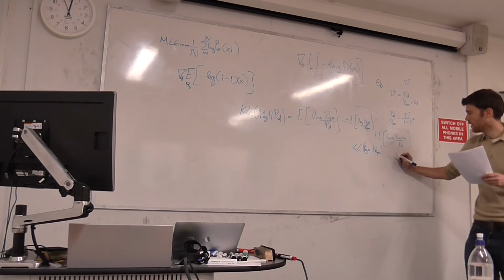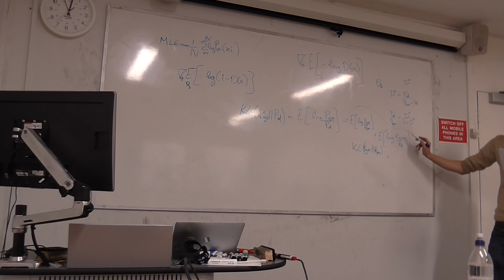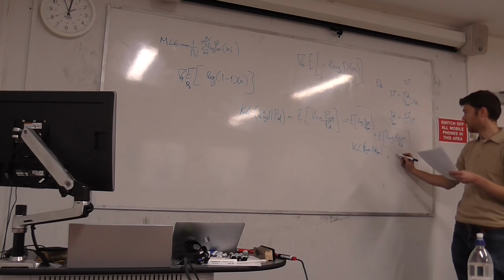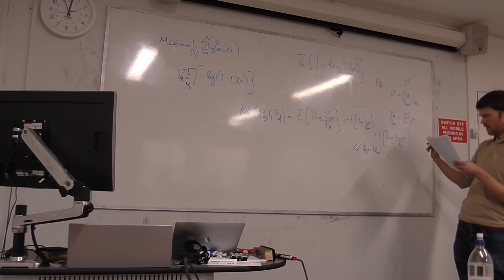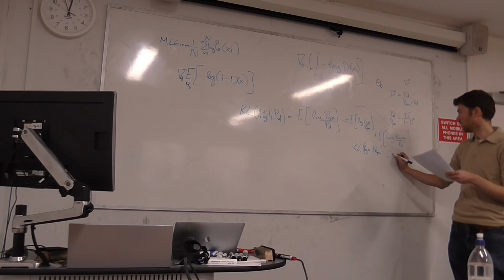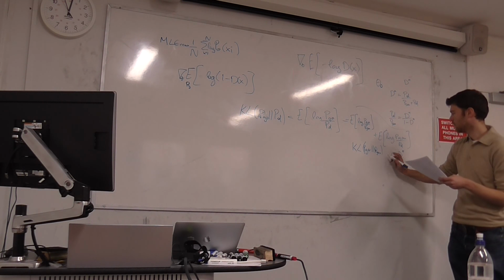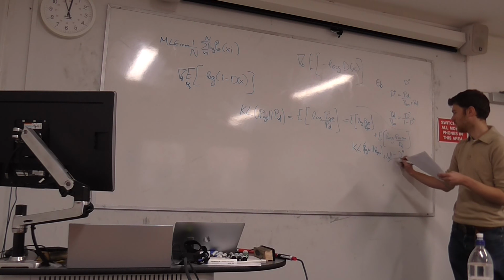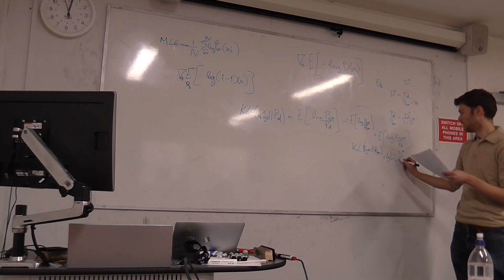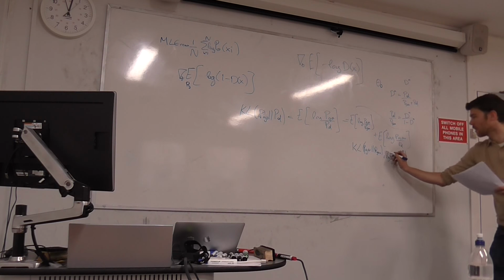And for this one here, we can substitute in this ratio, because we know it. So it ends up being plus log, and this is just from substituting this in. Sorry, expected value.